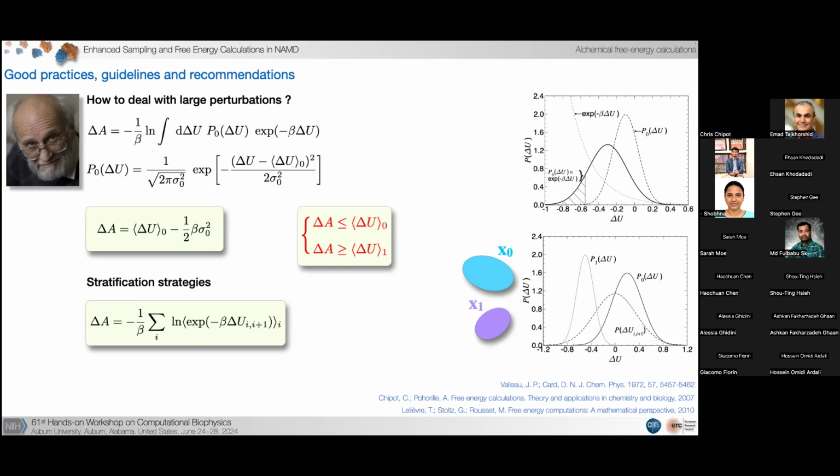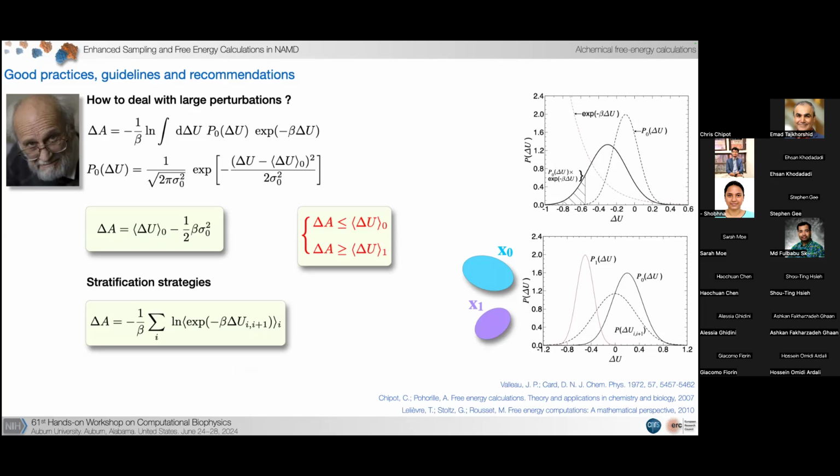If you have heard the name, it's one of these important sampling methods for geometric transformations. What he proposed earlier than, actually 5 years earlier than umbrella sampling, is a method called staging. Staging means that you're gonna chop your simulation into sub-transformations.